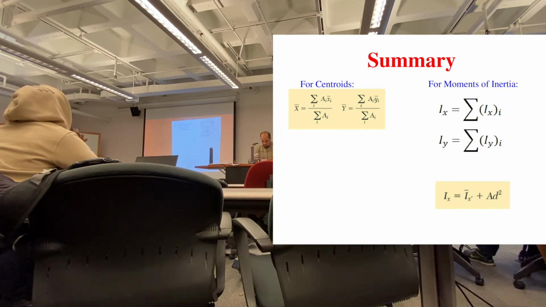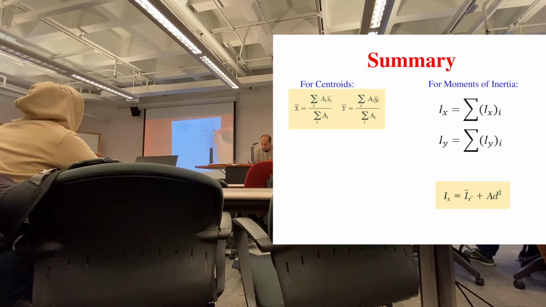For inertia, this is the y bar. You have this distance from C1 to C, d1, and this distance from C2 to C, d2. I equals I1 plus I2, and I1 equals 1 over 12 b1 h1 cubed, this is Ix of course, plus A1 d1 squared, plus I2, which is 1 over 12 b2 h2 cubed, plus A2 d2 squared.